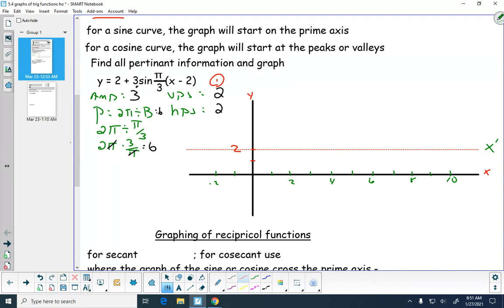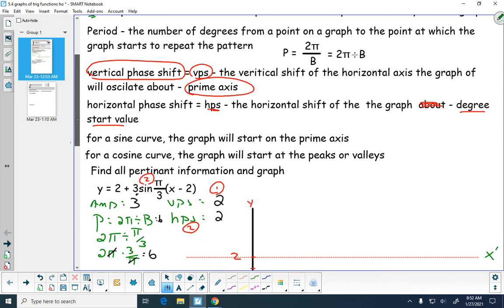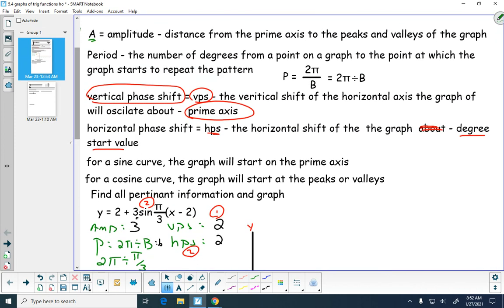All right, the second thing we take a look at is the horizontal phase shift and our trig function. The horizontal phase shift will tell us our degree start value: where do we start our graph?